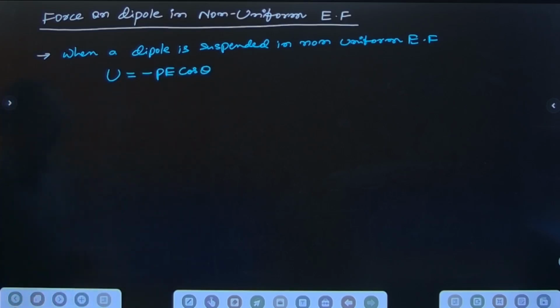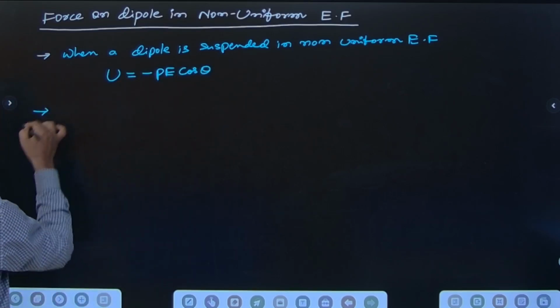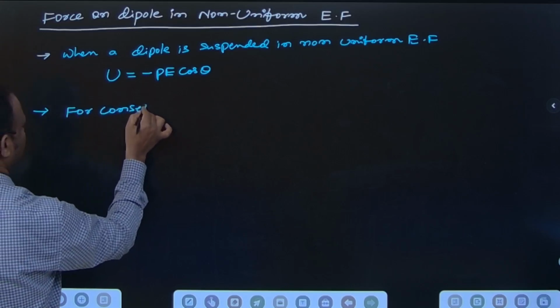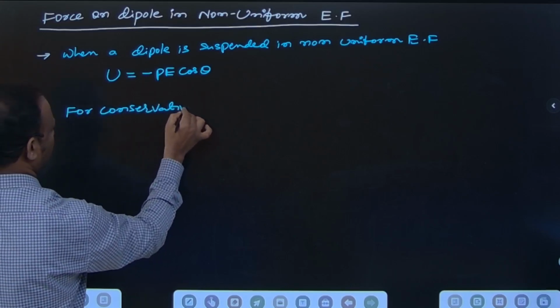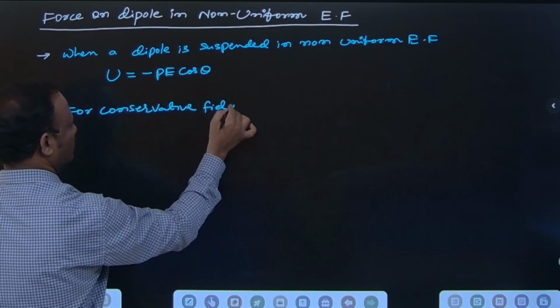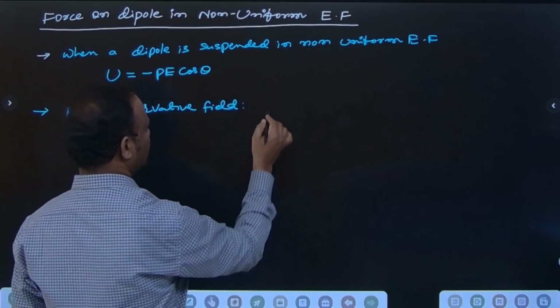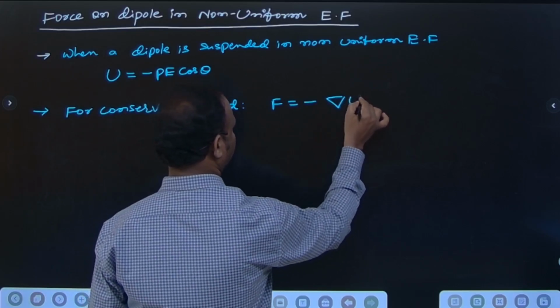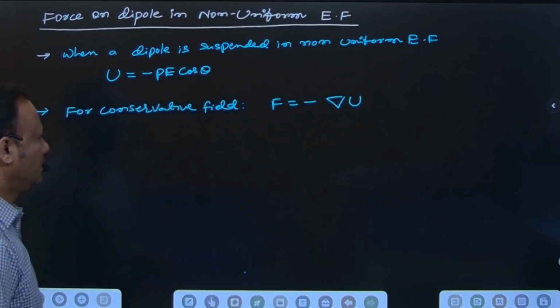This is U. So you already know that for conservative fields, F is equal to minus del U. It's a partial differentiation.